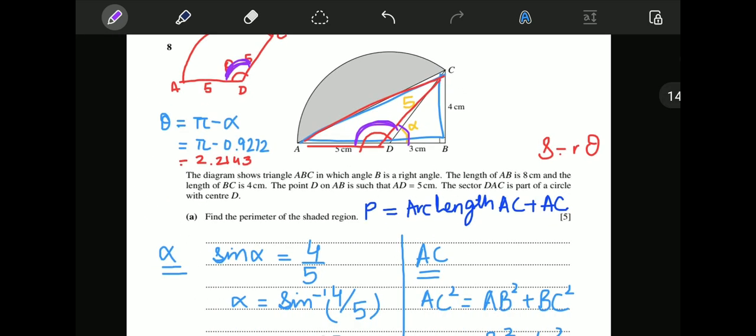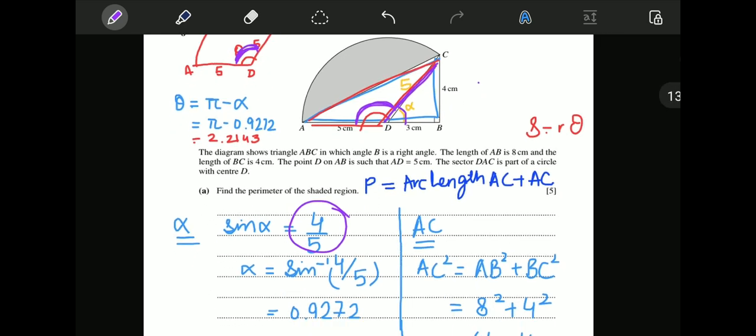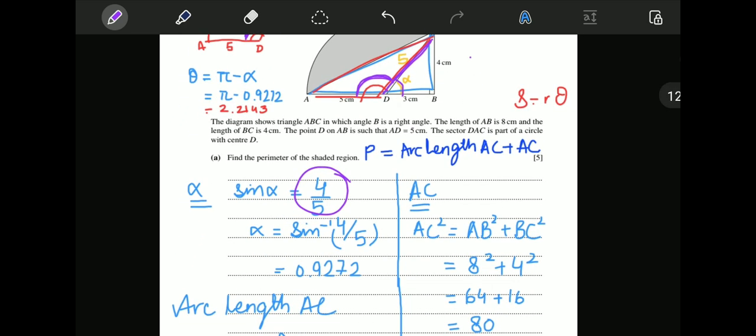So for that you can use the trigonometric ratio. So sine alpha is going to give you 4/5. 5 is what we know from that these both are the radii of the same sector. So sine inverse of 4/5 will give you 0.9272.